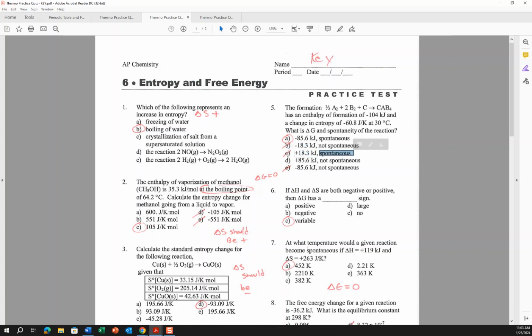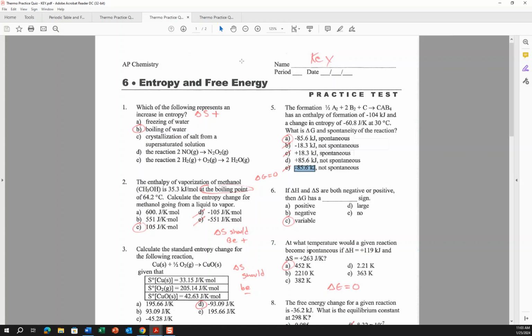And E doesn't make sense either, because if you had a negative delta G, it would be spontaneous. It wouldn't be not spontaneous. So by process of elimination, B, C, and E don't make sense. The only two possible choices are A or D. Either delta G comes out negative, so the reaction is spontaneous, or delta G comes out positive and the reaction is not spontaneous. That's what you have to figure out.